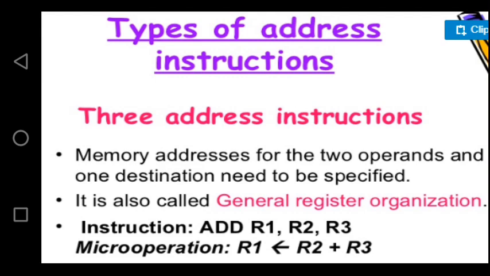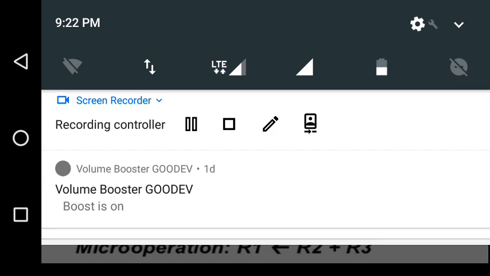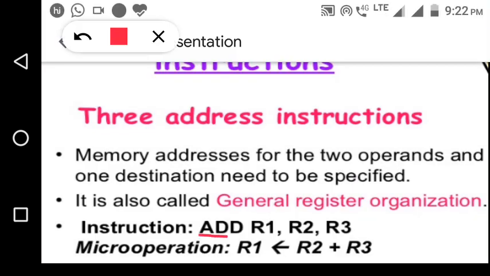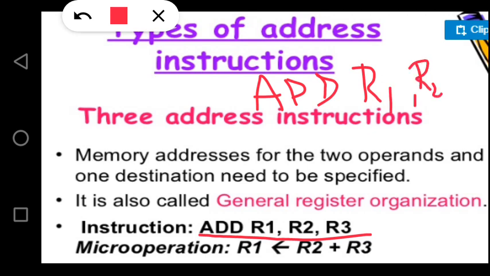It is also called general register organization. Take the simple case mentioned here: add R1, R2, R3. That means, as I tell you, add R1, comma R2. So this is an instruction. An instruction contains two parts.